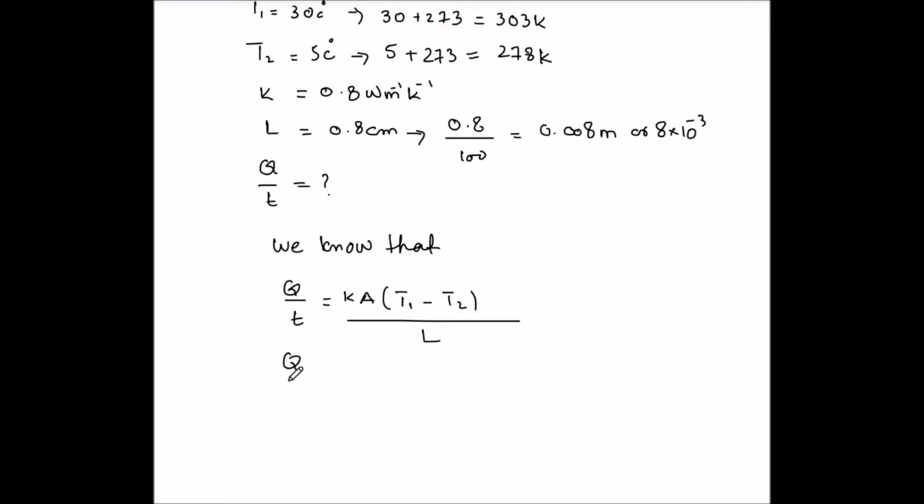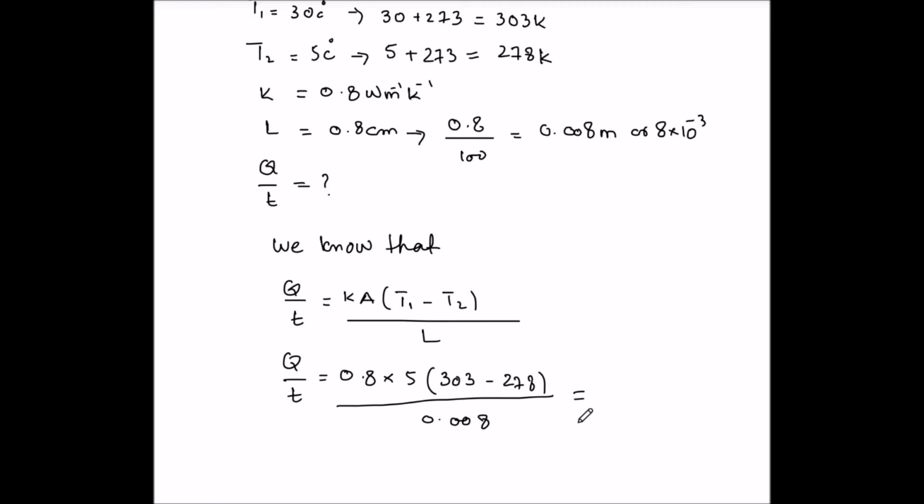Now you can substitute all the numbers. K is given 0.8, times A, we calculated in the beginning, 5. T1 was 303 minus T2 278, over thickness, and it was 0.008.